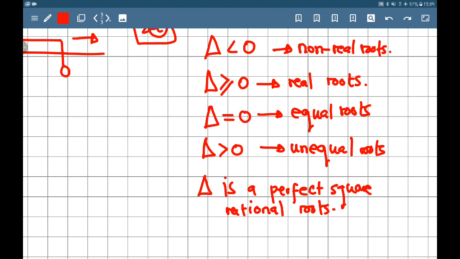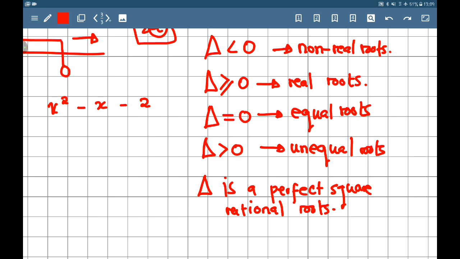So to determine the nature of roots, you don't need to solve the equation. You just need to know the value of the discriminant. For instance, let's say we have x squared minus x minus 2, and without solving this equation, we need to identify the roots.